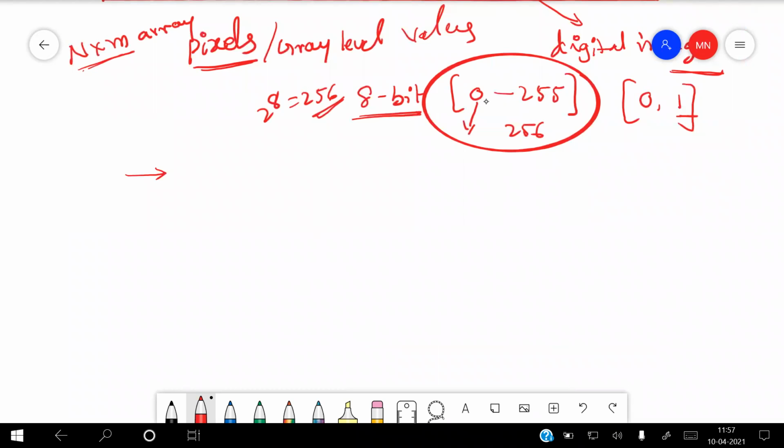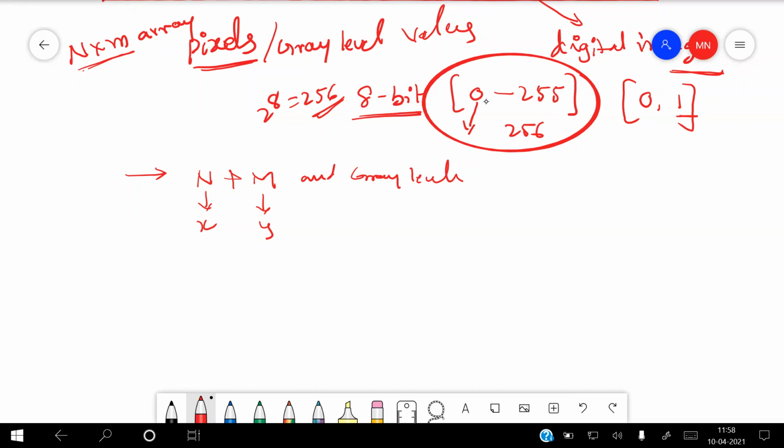Then in the digitization process, we require some decision about the values of N and M, and the number of discrete gray levels. This is the x-axis, this is the y-axis, and the gray level values of each pixel.